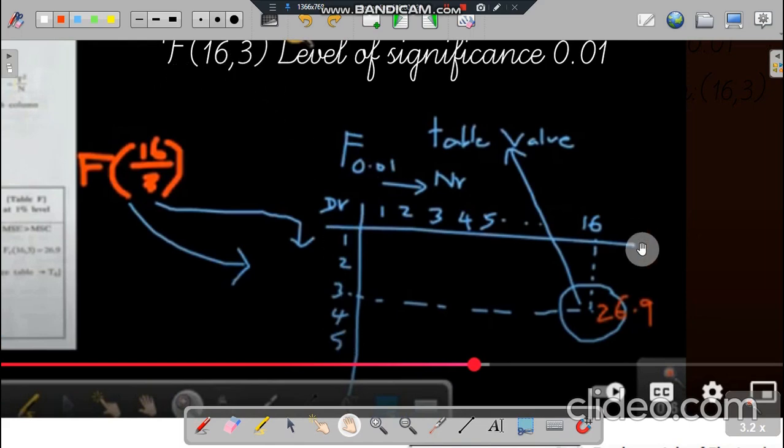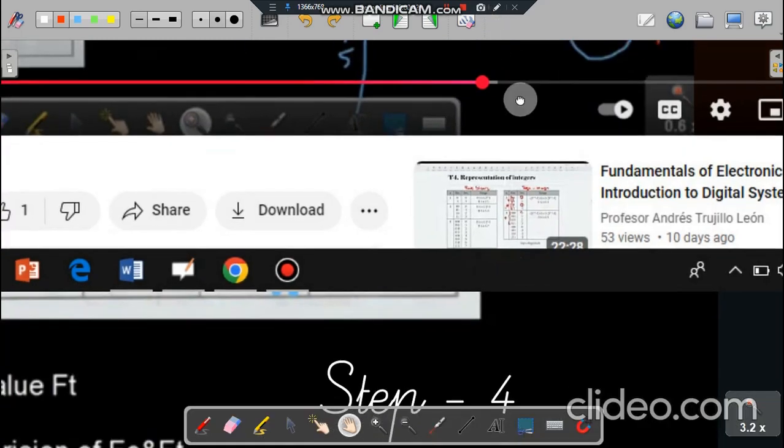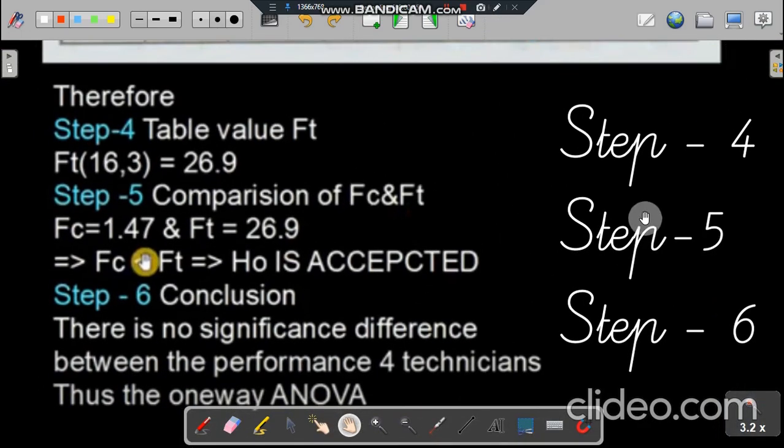The intersection of these two will give us the tabular value. Now step number 4, we have got the tabular value as 26.9, and step number 5, comparison of FC and FT, gives us FC is 1.47, FT is 26.9.